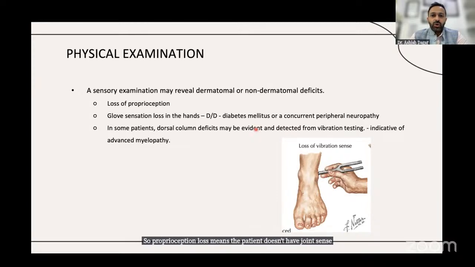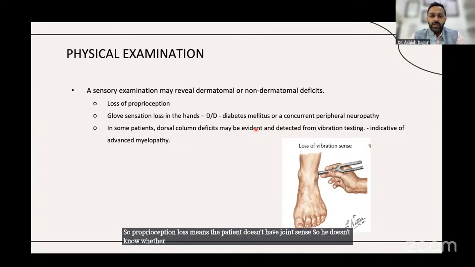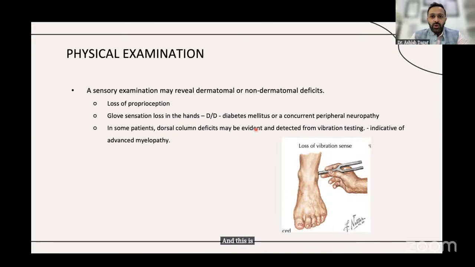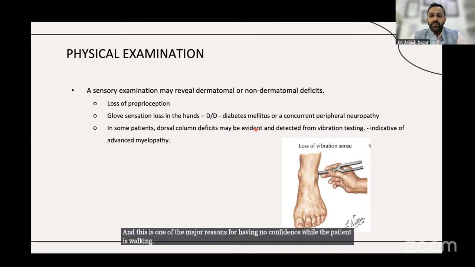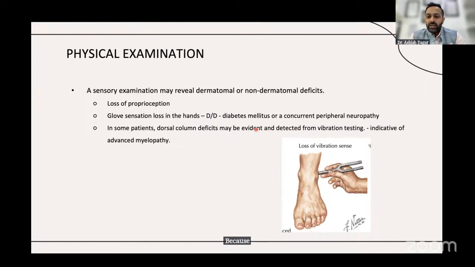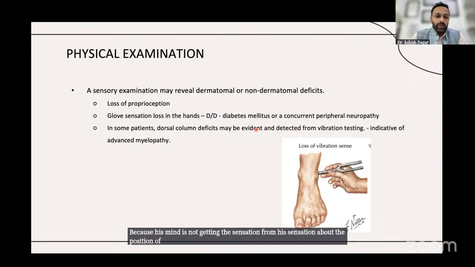He doesn't know whether his ankle joint is in flexion or extension. This is one of the major reasons for having no confidence while walking, because his mind is not getting the sensation about the position of joints from his body.